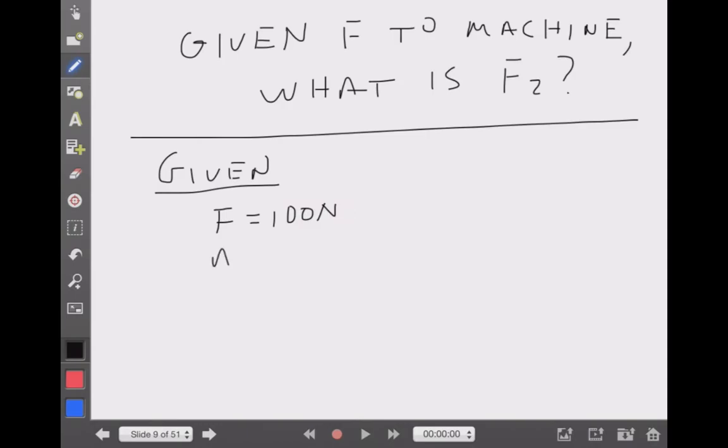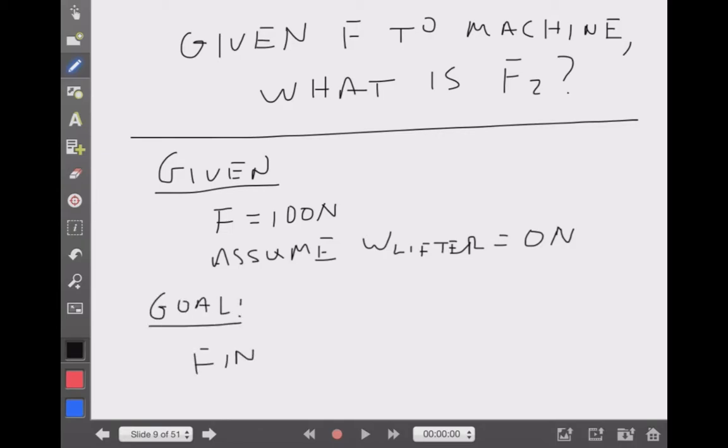So assume the weight of the lifter equals 0 newtons. That's 0 newtons, not 0 N.